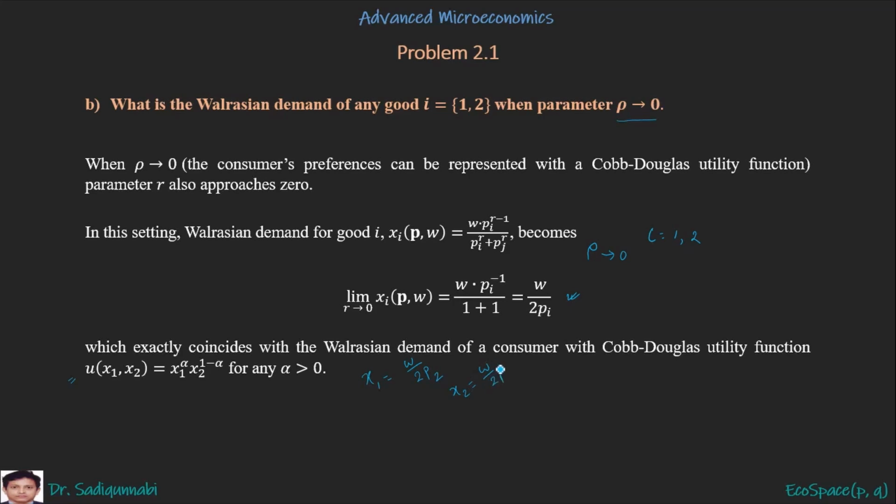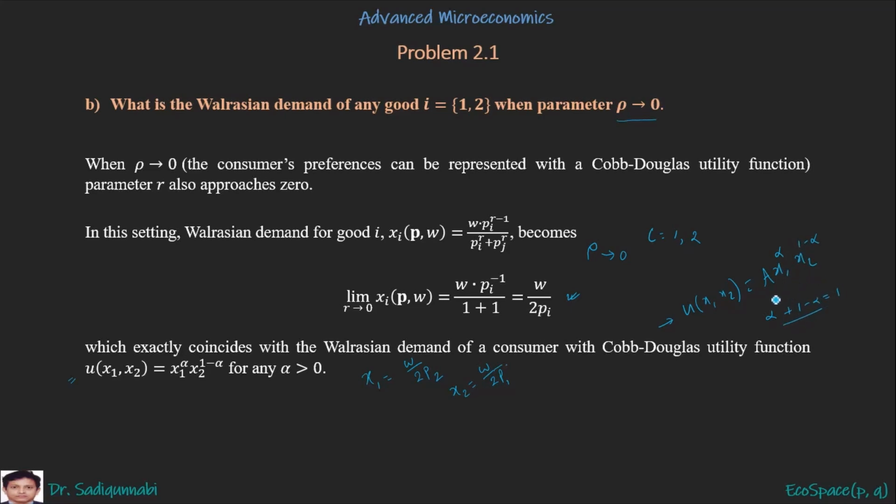If we look at the utility function, this is a Cobb-Douglas utility function. We know the Cobb-Douglas utility function has a general form: u(x1, x2) equals a times x1 to the alpha, x2 to the 1 minus alpha. That means it has constant returns, because alpha plus 1 minus alpha equals 1. So it is the form of a Cobb-Douglas utility function.